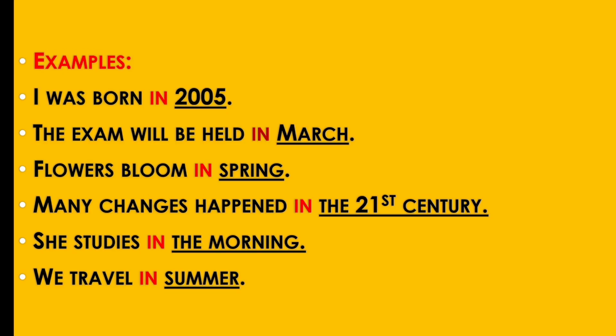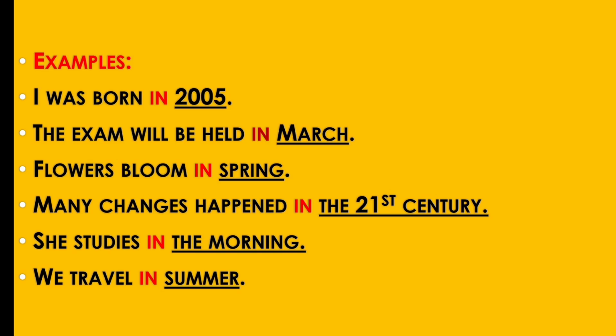I'm reading examples. All of you look at the examples carefully. I was born in 2005. The exam will be held in March. Flowers bloom in spring. Many changes happened in the 21st century. She studies in the morning. We travel in summer.